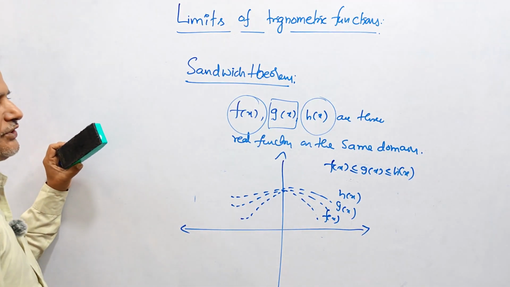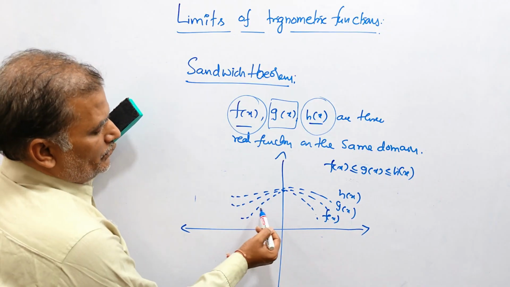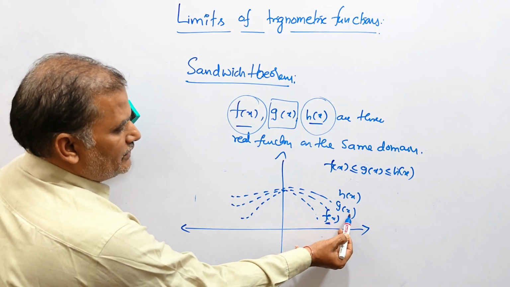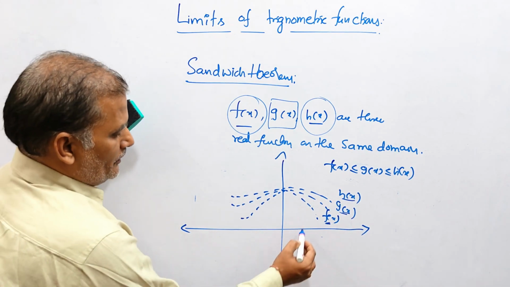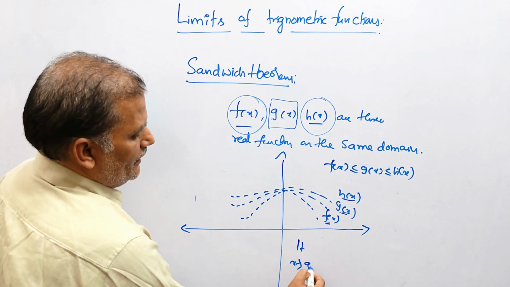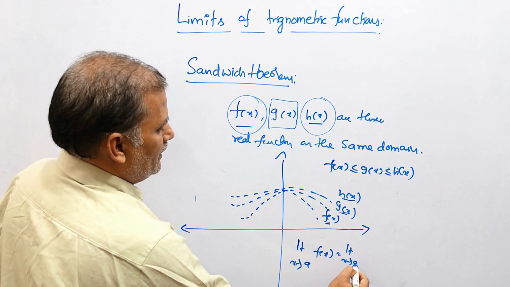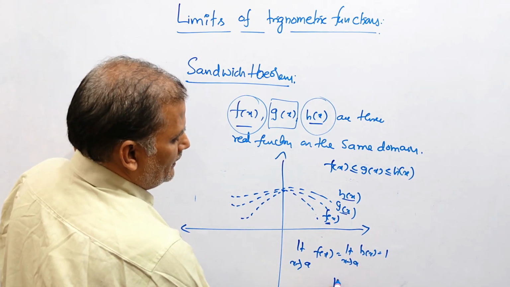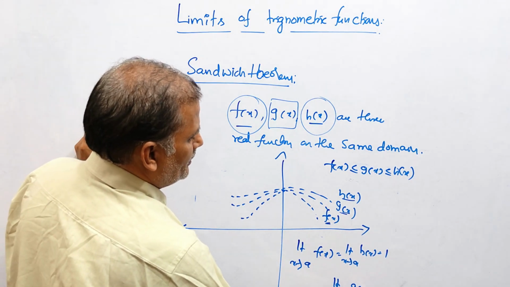Then g of x is sandwiched by f of x and h of x. If limit x tends to a, f of x is equal to limit x tends to a, h of x is equal to 1, then automatically limit x tends to a, g of x is equal to 1.